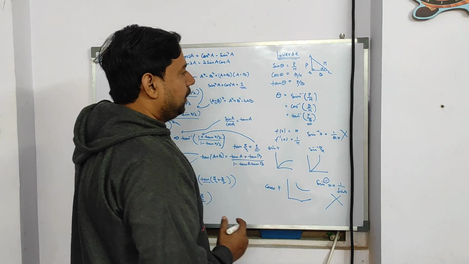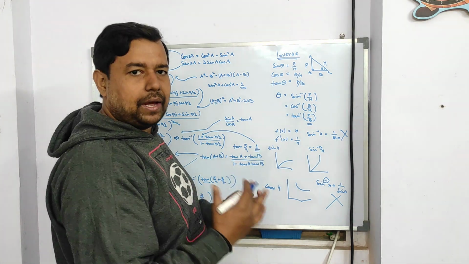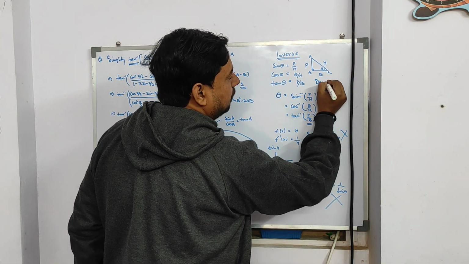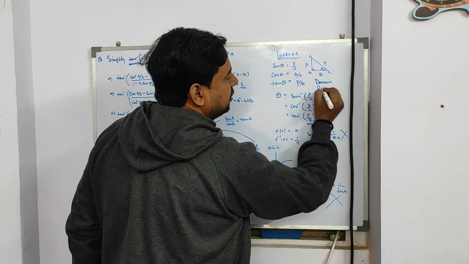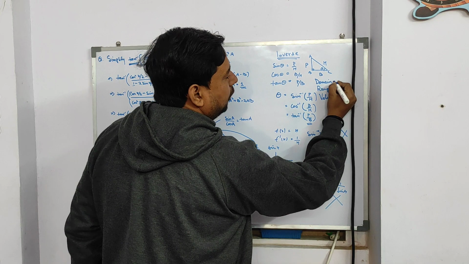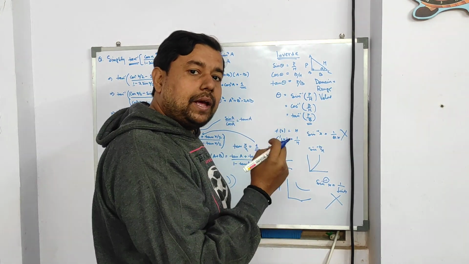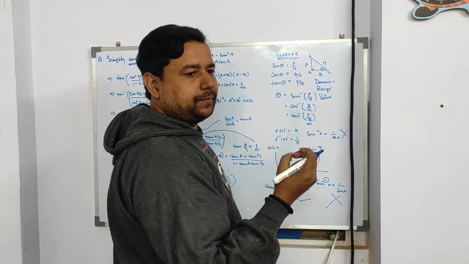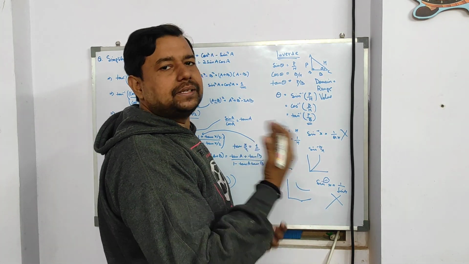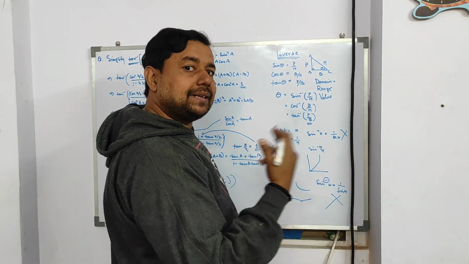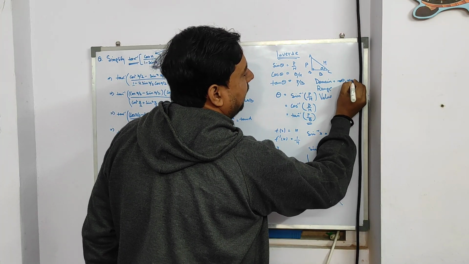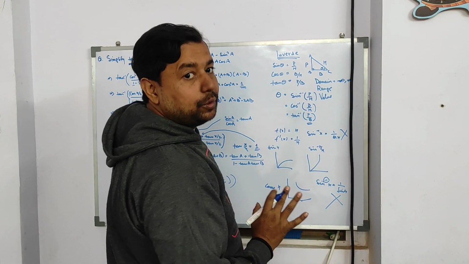Clear? Now obviously for inverse functions we have certain values. The first thing is called the domain, range, and the value. So domain is the maximum value and the minimum value. Okay, so obviously for tan it is infinity and minus infinity, because tan 90 is infinity, so tan minus 90 will be minus infinity. So domain will be the lowest value and the maximum value within which the tan value lies.